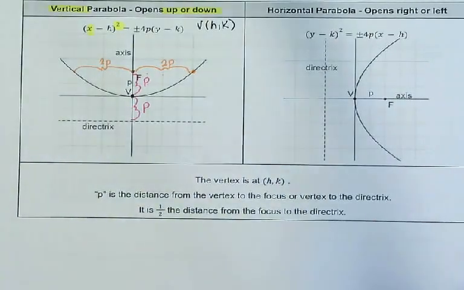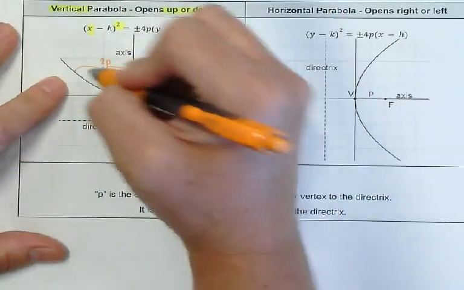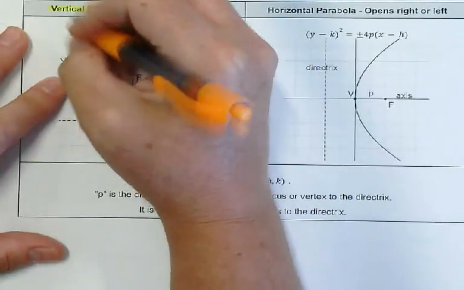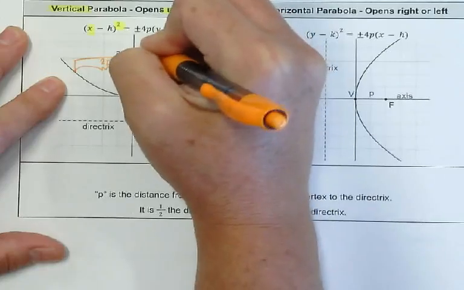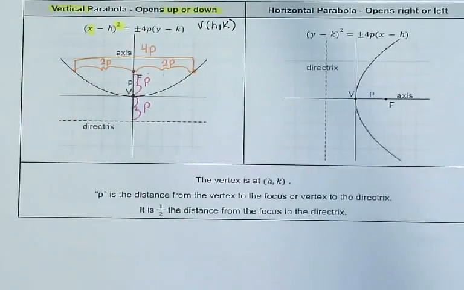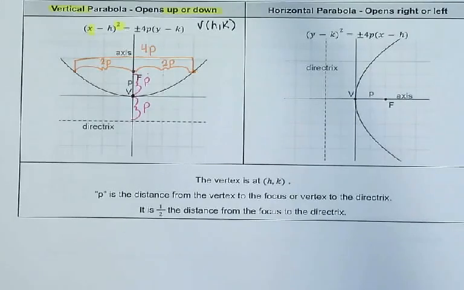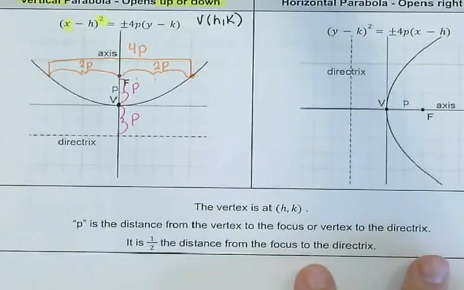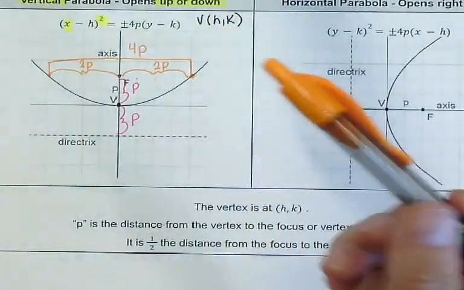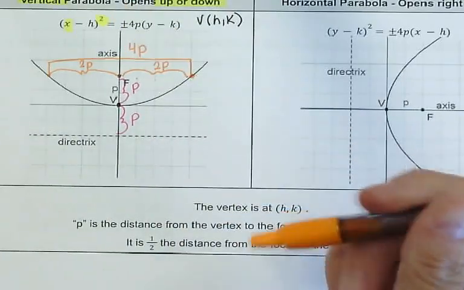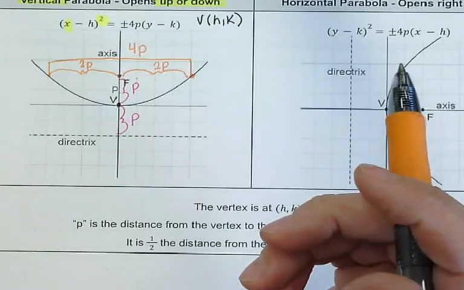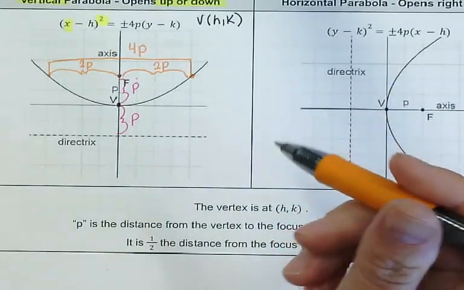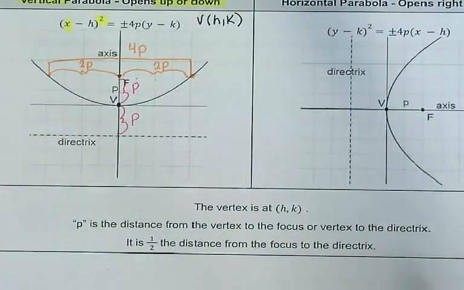Well, 2p plus 2p, so from this point to this point would be a total of 4p. That's where your 4 comes into play, and where the plus or minus comes in.